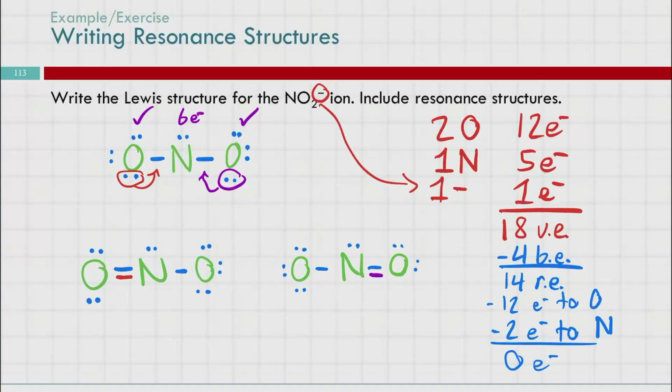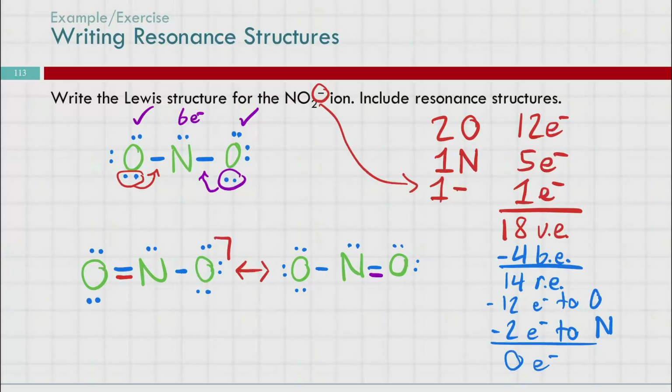Okay, so after we draw in our resonance structures, it should look something like that. Double bond on the left, double bond on the right. All of our octets are fulfilled and satisfied. What are we missing? Yeah, we're missing brackets. We're also missing our arrow.